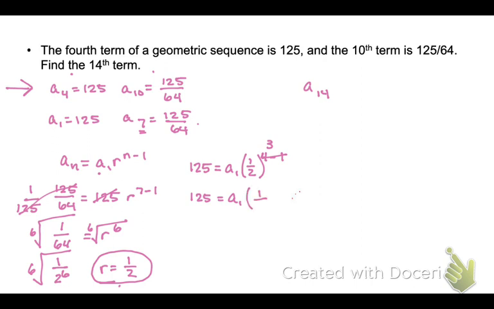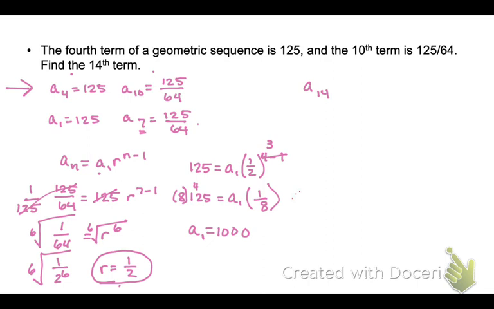I heard it. 8. So multiply both sides by 8. So a sub 1 equals what? 40, carry a 4, 16, carry a 2, 1,000? Is that what you guys get? Oh, duh, because 8 times 1 is 800 and then 200.